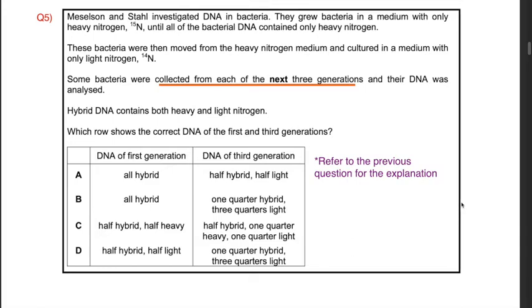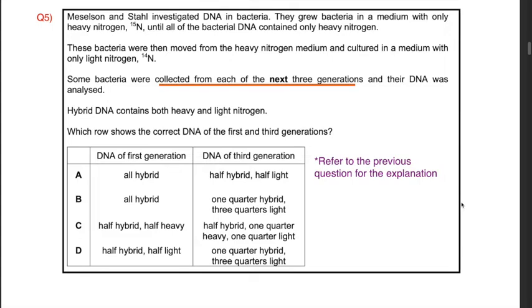Over here you have to refer to the previous question for the explanation, that is by referring to the diagram which I have drawn in one of the earlier questions. The DNA of the first generation, as we mentioned in the previous question, will always be all hybrid, that is 100% hybrid.